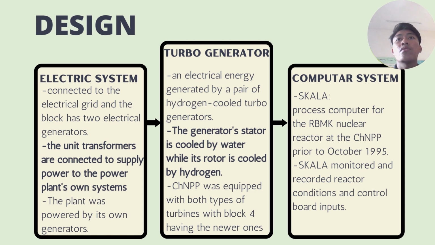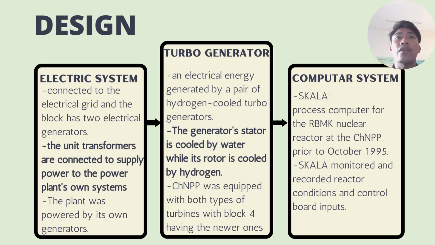The plant was powered by its own generator or from the other plant blocks via two reserve bus bars. In case of a total external power loss, the essential systems could be powered by diesel generators. Next is the design of the turbo generators.